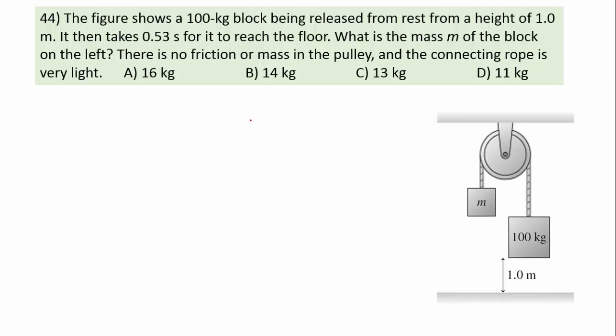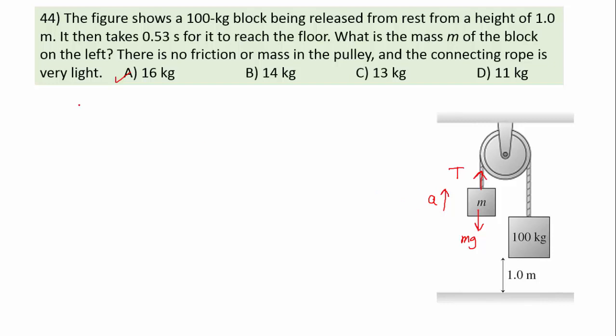Okay, in question number 44, the answer is A. Now in this problem we're asked to find the mass m here. So if you look at this mass, we have two forces acting on it, and since we are told that the 100 kilogram is falling, this means that the acceleration is upward.